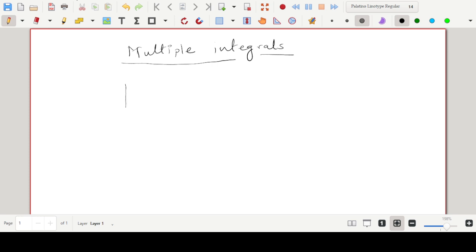So let me draw a representative function, something like this. Suppose this is a and this is b, x equal to a and x equal to b, and this is the graph of f of x.